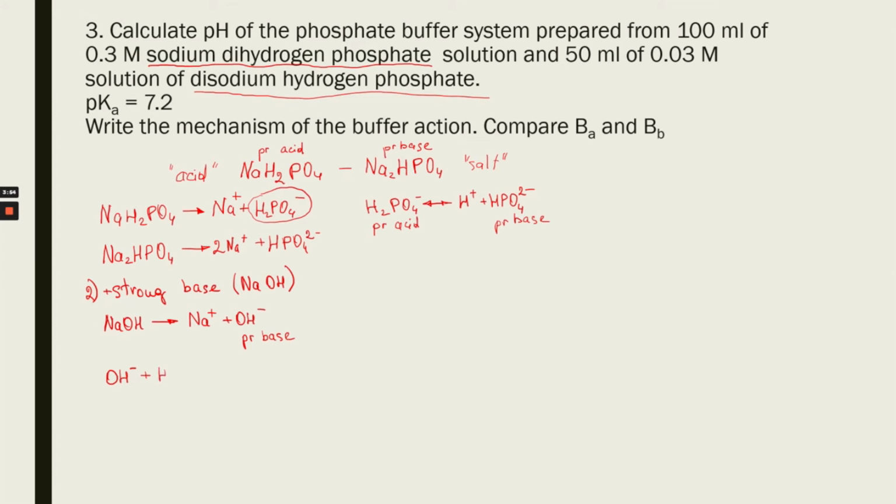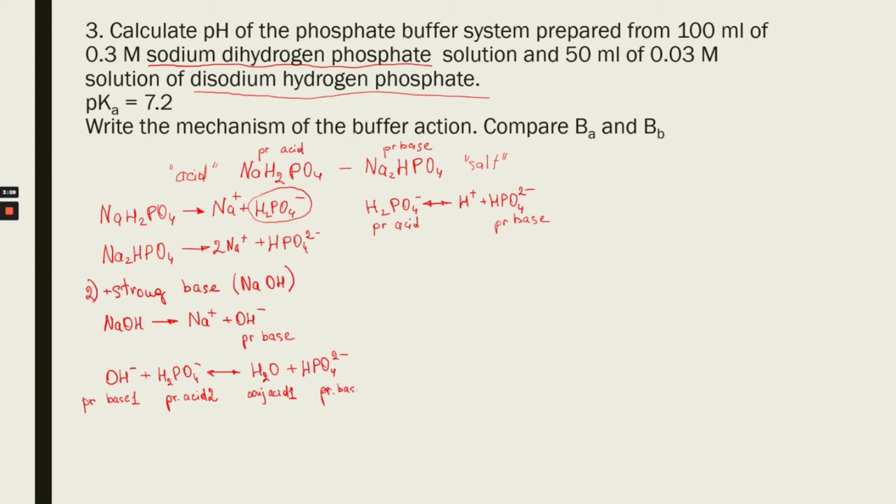So let's write that OH minus plus H2PO4 minus, and it gives us water and hydrogen phosphate ion, which has a charge 2 minus. So let's write here the roles. This is protolytic base, and this is conjugated acid. And here I put number 1, and this is protolytic acid, number 2, and this is protolytic base.